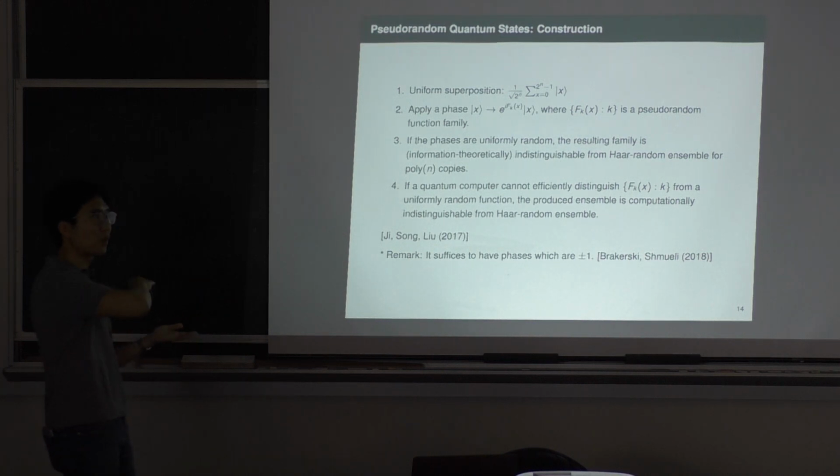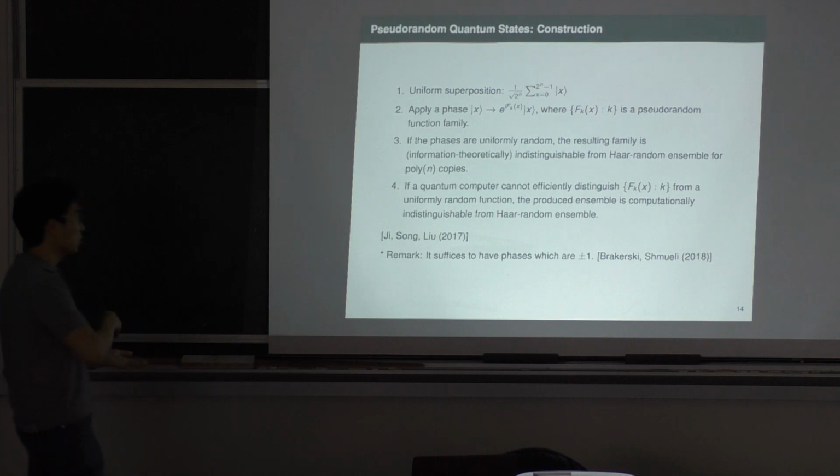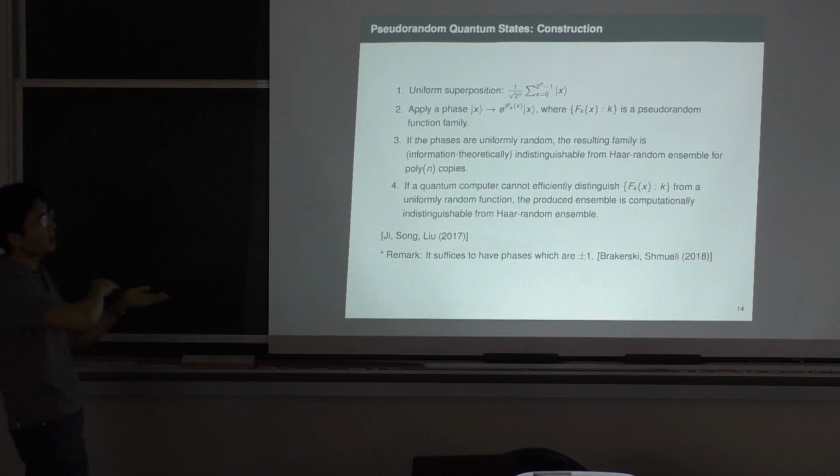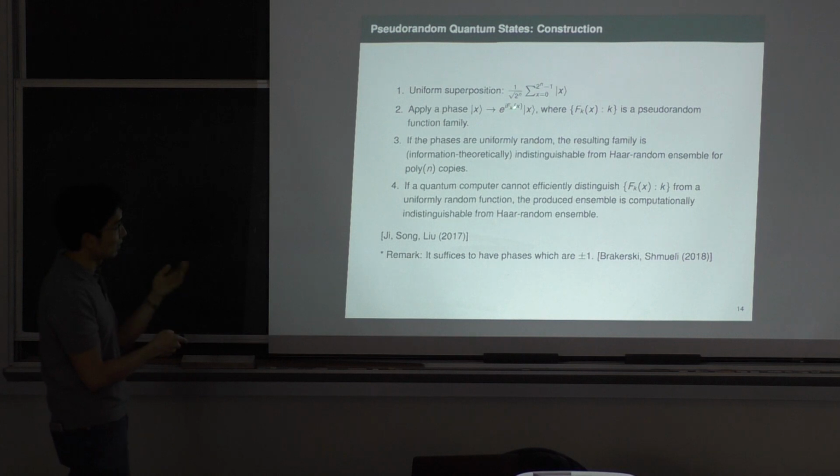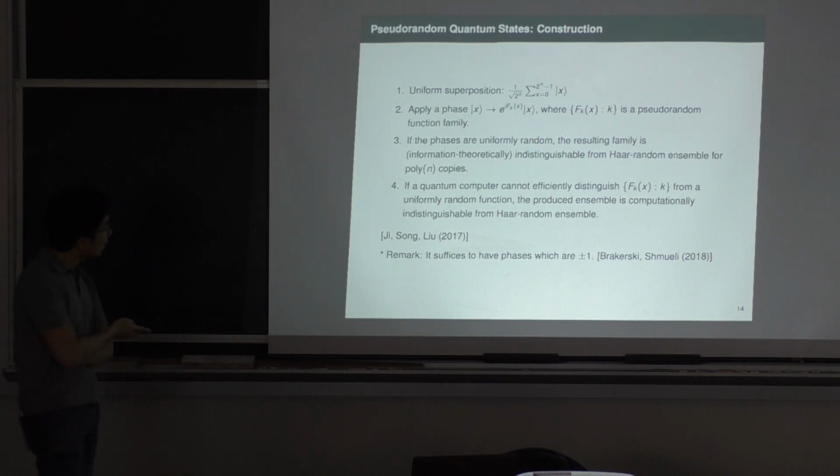Whatever black box you have that can distinguish this family of states from Haar random states, just produce the states this way and plug your quantum state into this black box, and it will be able to tell whether the numbers are pseudo-random or not. That's a contradiction. So this is how you create pseudo-random quantum states.